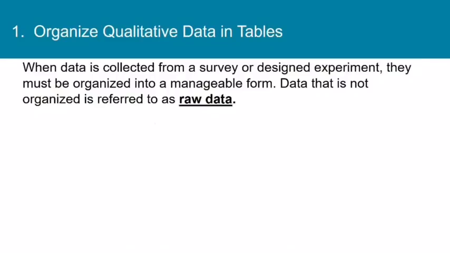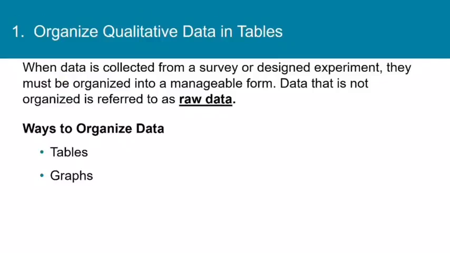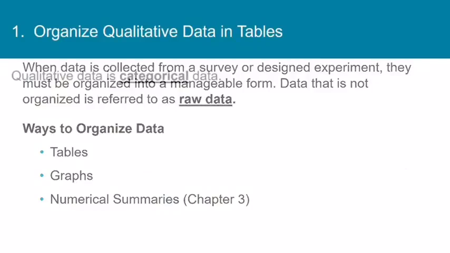And it's very difficult to look at a list of numbers and draw any meaningful conclusions about that list of numbers. So we need to talk about some ways we can organize the data and make sense of it. Some ways we can organize data are tables, which we'll talk about in this section, and graphs, which we'll talk about in this section and the next one, and numerical summaries such as mean, median, mode, and all the rest, and we'll look at those in chapter 3.